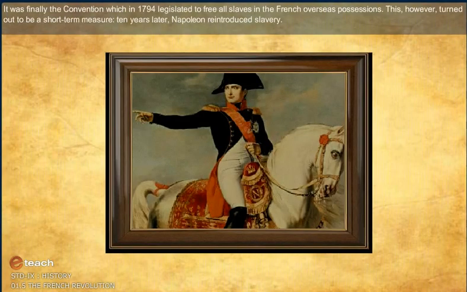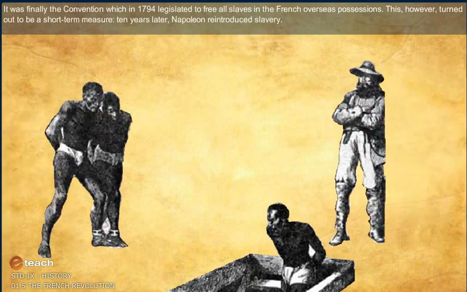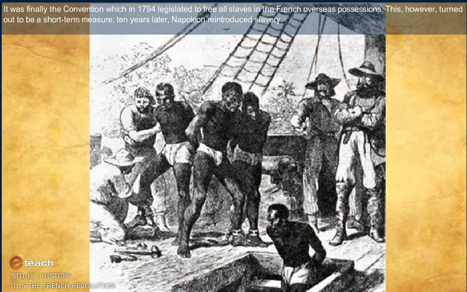It was finally the Convention which in 1794 legislated to free all slaves in the French overseas possessions. This, however, turned out to be a short-term measure. Ten years later, Napoleon reintroduced slavery.